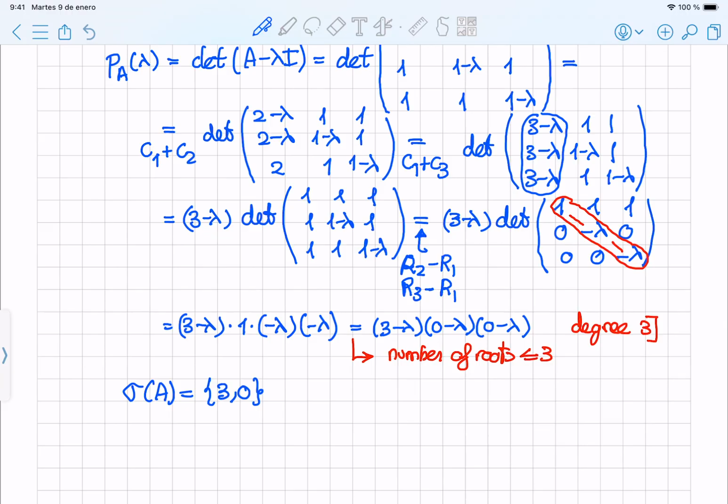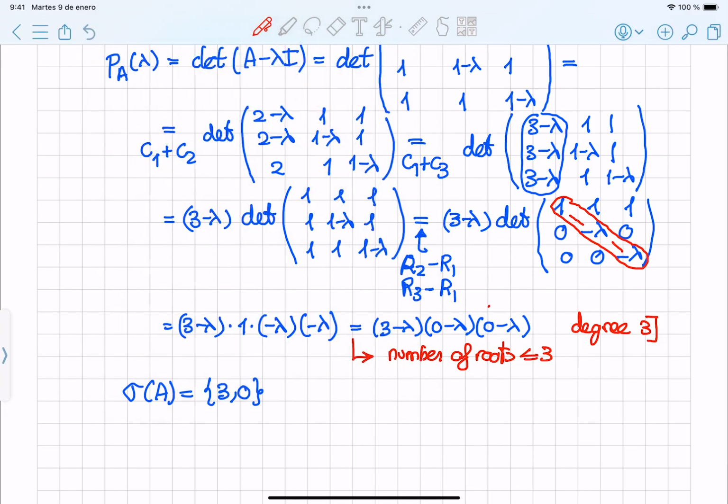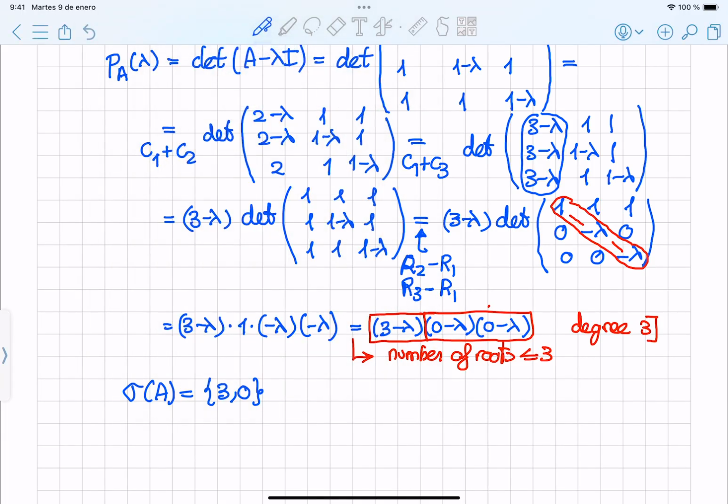But what happens in here? The term 3 is repeated only once, as you can see here, but the term 0 is repeated twice. So basically, this should be expressed as follows.